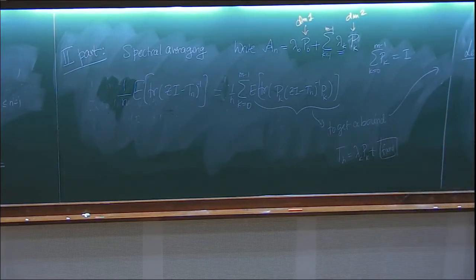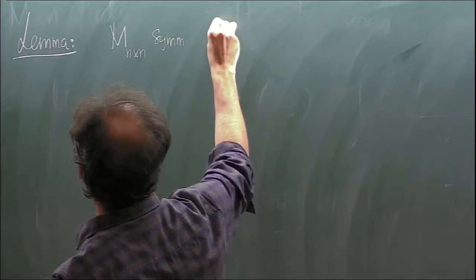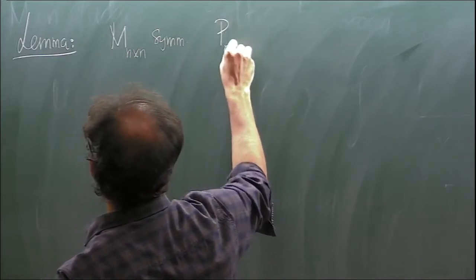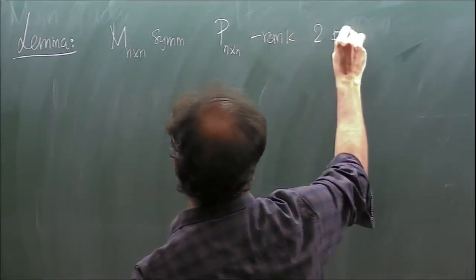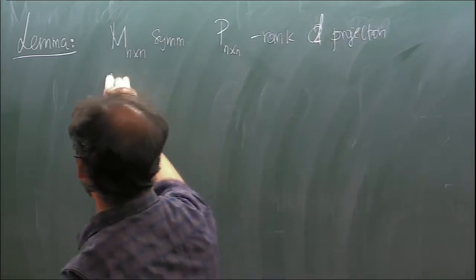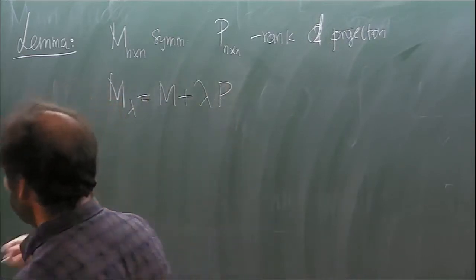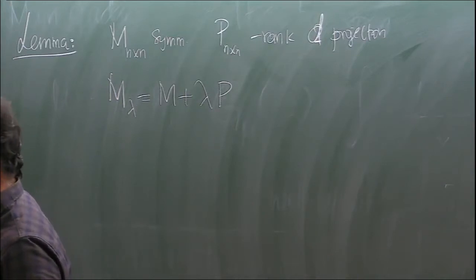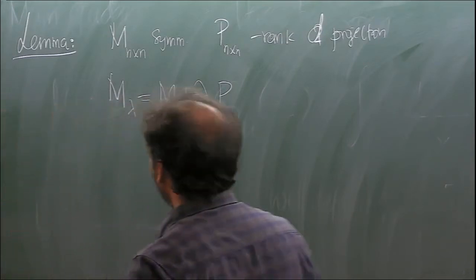So the general form is, I have some n cross n symmetric matrix M, and P is a rank d projection, and you form M lambda, which is M plus lambda P. If you fix M, then there is one parameter, namely lambda, perturbing it.